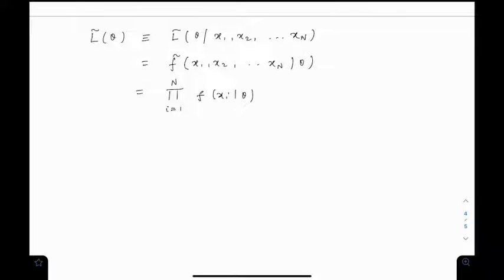So this ultimately is nothing but a product over n likelihood functions. A similar relation holds for the discrete variates.